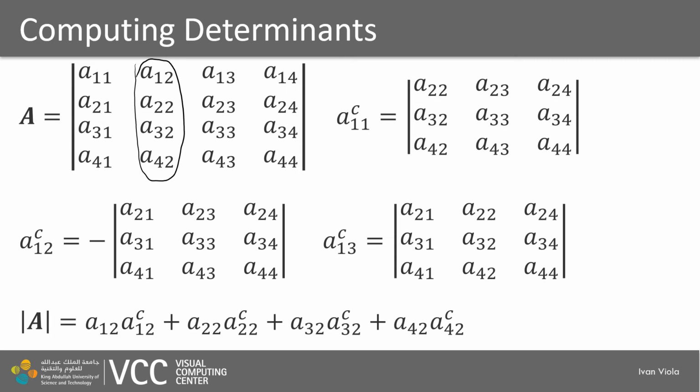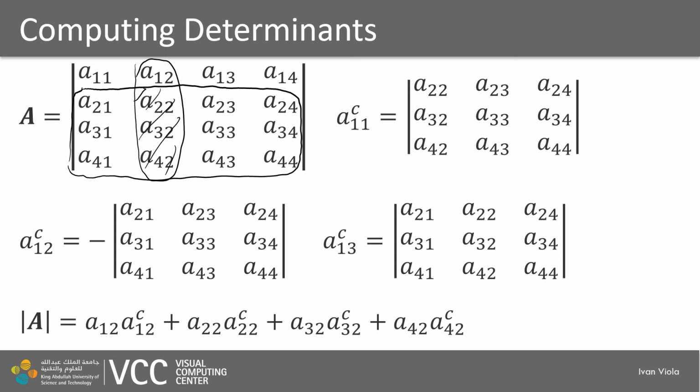For example, the corresponding element to element A12 will be AC12, which is the determinant of a matrix which has these 3 by 3 elements, except for these elements. And we can see it here. And it is signed with a particular sign, this 3 by 3 determinant.